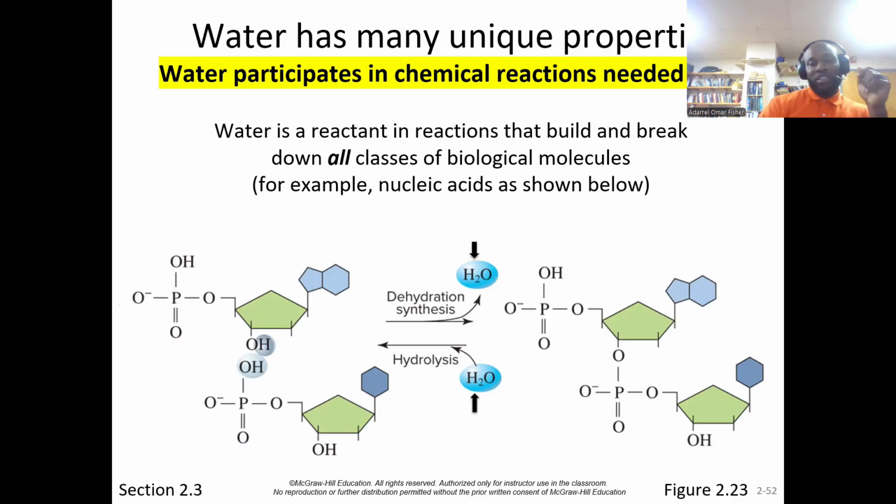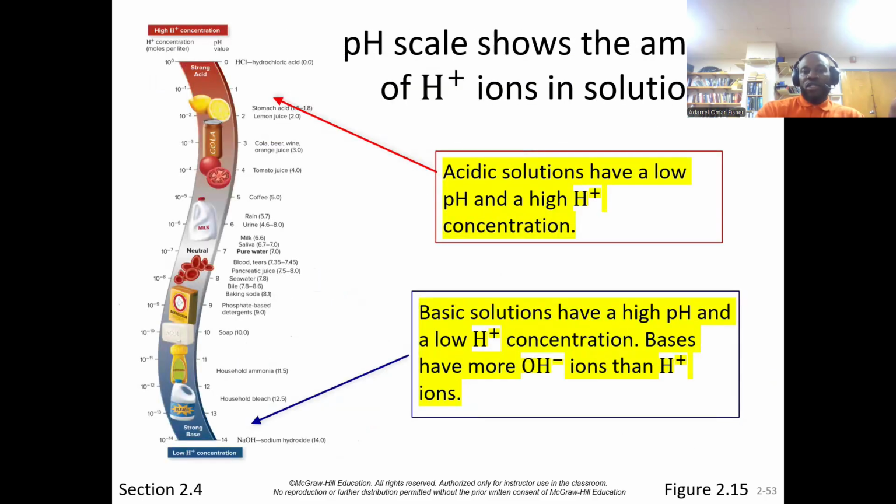That's one of the reasons why they'll say drink water, it'll help you lose weight, not just because having water in your stomach will suppress your appetite to a degree. There's one element of it, but also your body does physically need water to be able to burn fat. It's part of the reaction. So water participates in the chemical reactions needed for life.